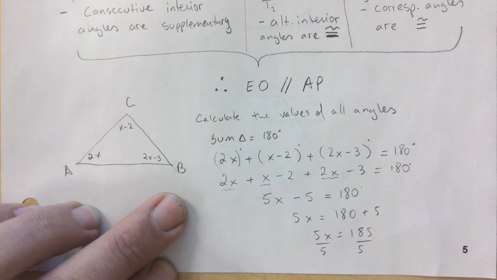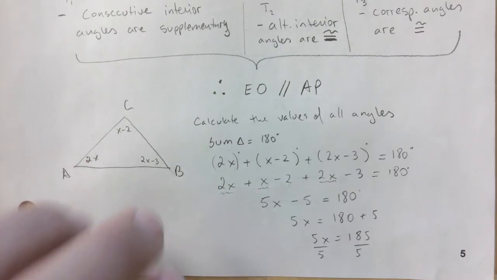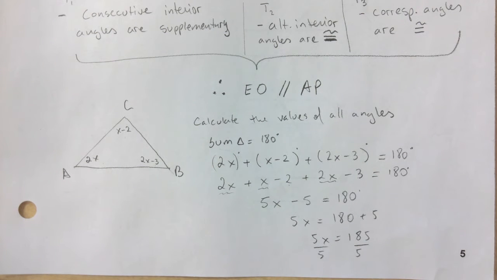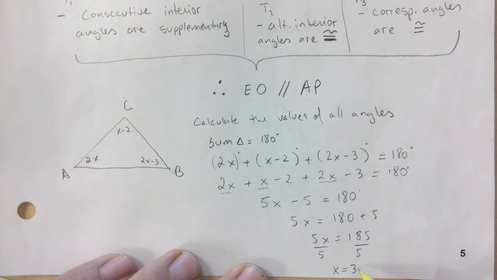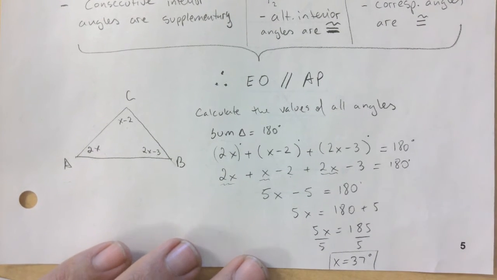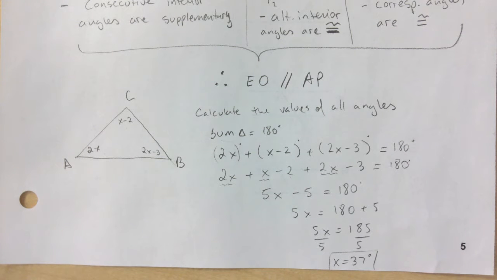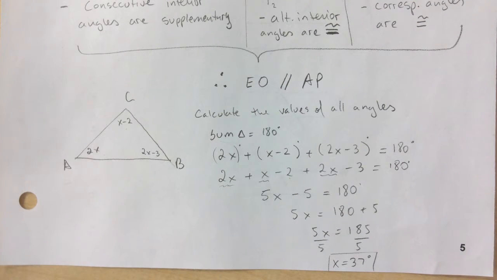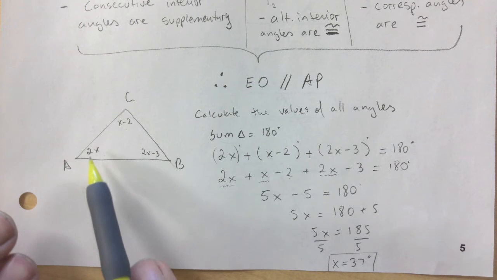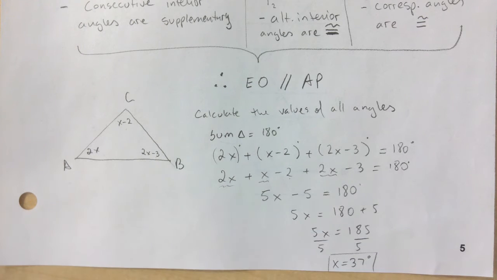Divide both sides by 5. You get 37 degrees, that is. So you haven't yet found the values of all angles. You've just found what x represents. Now that you know what x is, you can just plug it in to every single one of these expressions and find your angle.